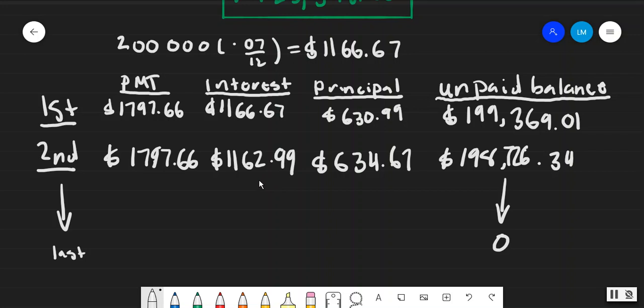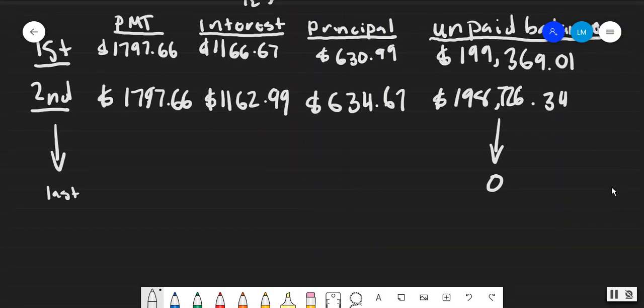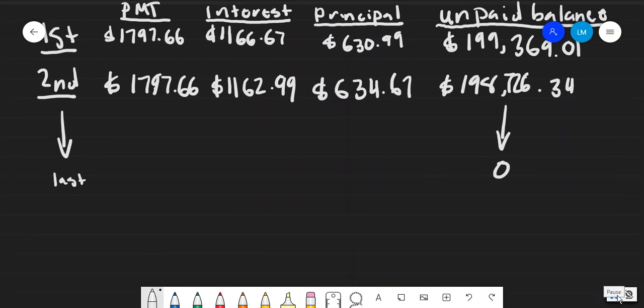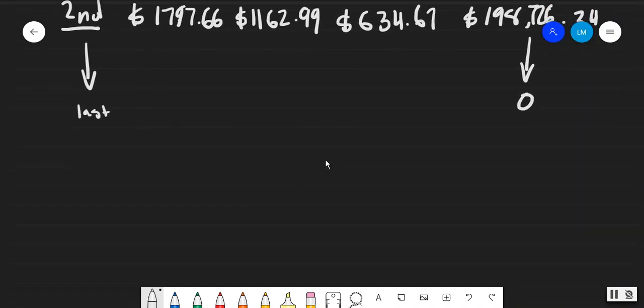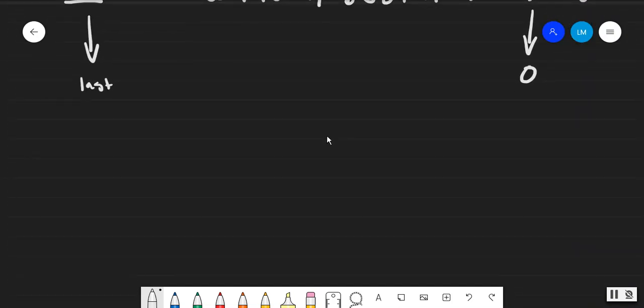Now, this wouldn't account for if you decided to pay back early, in which case you just need to figure out what the remaining payments are.